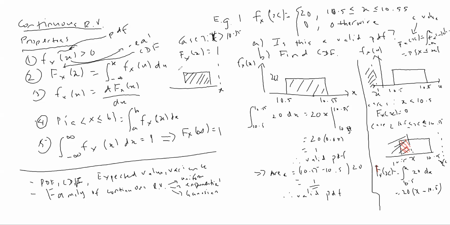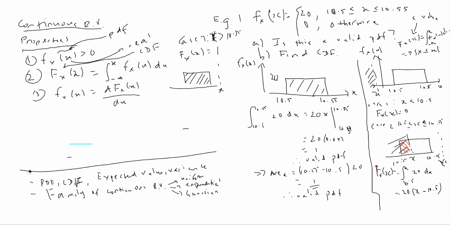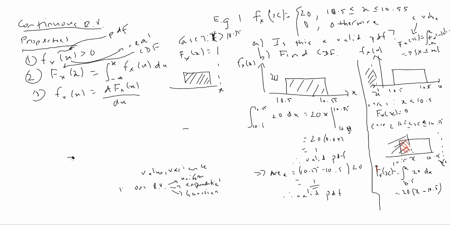With a continuous random variable, if I sketch it out, it's going to be continuous. There is no jump. If you recall, with a discrete random variable, we have jumps, but with a continuous random variable, we have no jumps. It goes from 0 to 1.